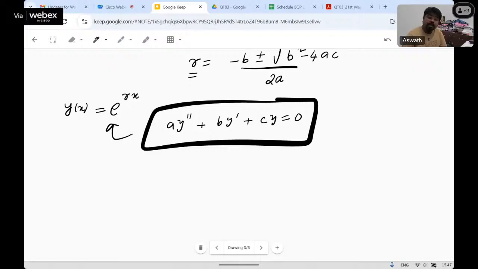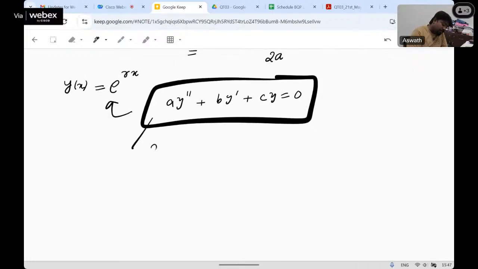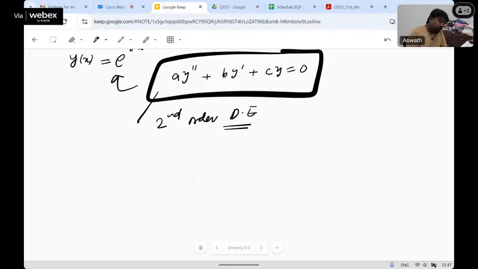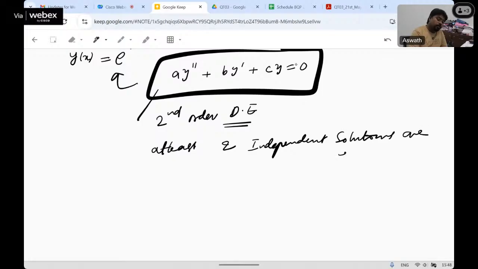How long? Since this is a second order differential equation, I have to find at least two independent solutions to describe the system exactly.